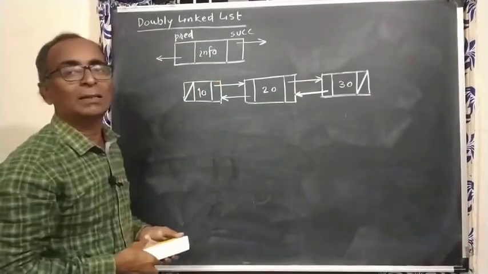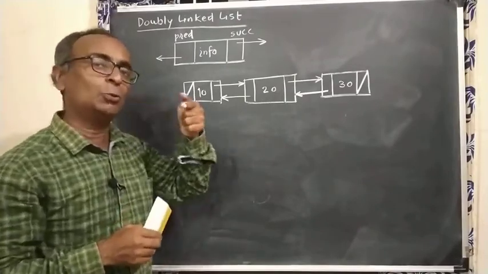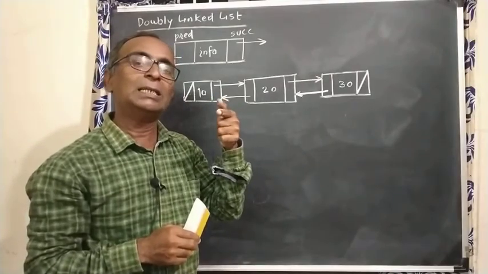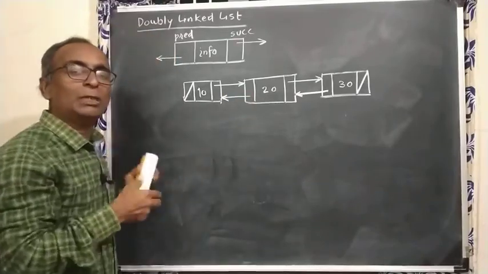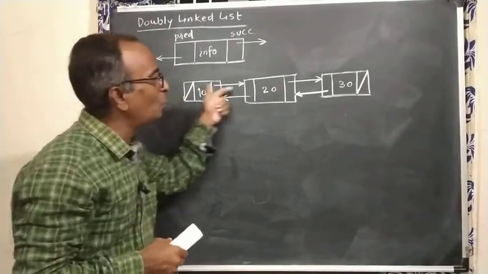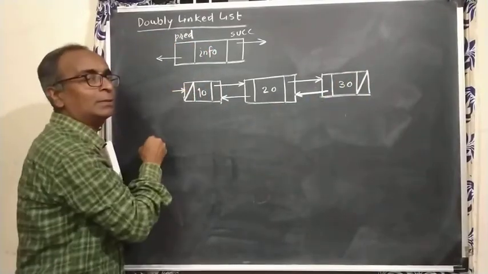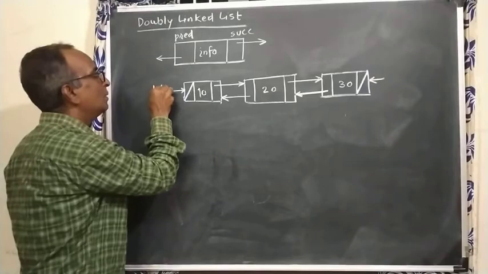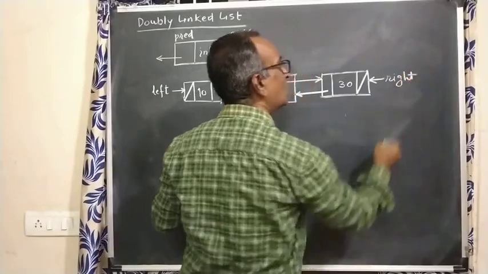Now unlike a singly linked list, where you have maintained the first node's address, or in textbooks if you see, head is a pointer that will be used mostly, so that first or head pointer points to the first node. Here you can traverse from left to right or right to left also. So I have to maintain these 2 pointers. I'll say the leftmost node's address is in left and the rightmost node's address is in right. Now what is the importance of this?